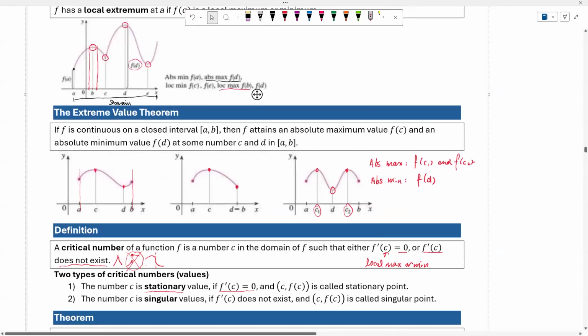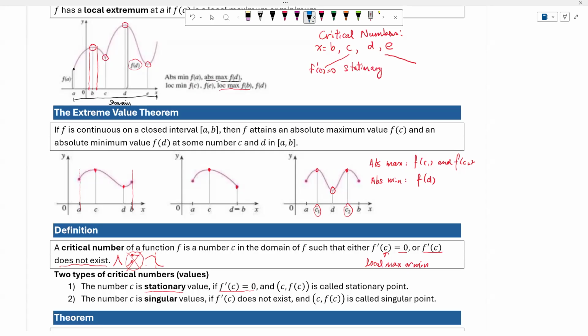In this case, my critical numbers will be x = b, c, d, and e. Those are my critical numbers. Under these critical numbers, we have two types. One is f'(c) = 0, which is what we call stationary.